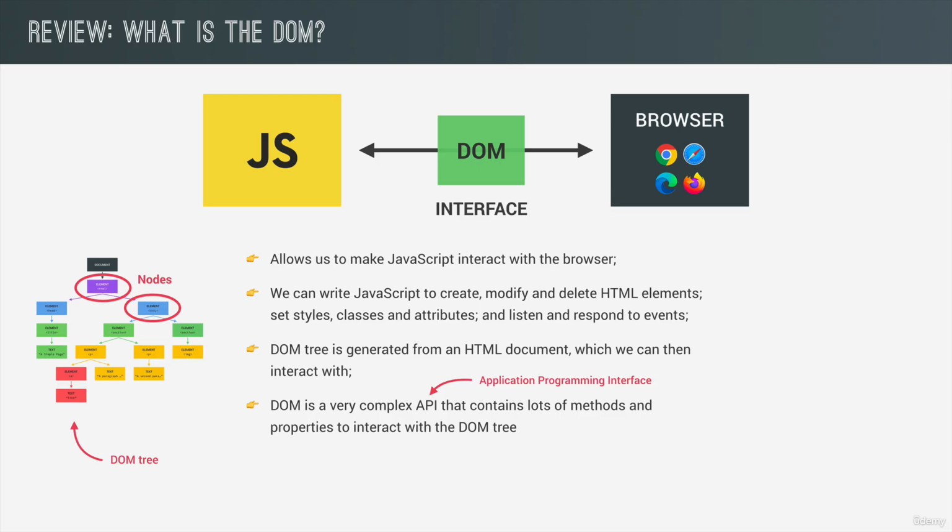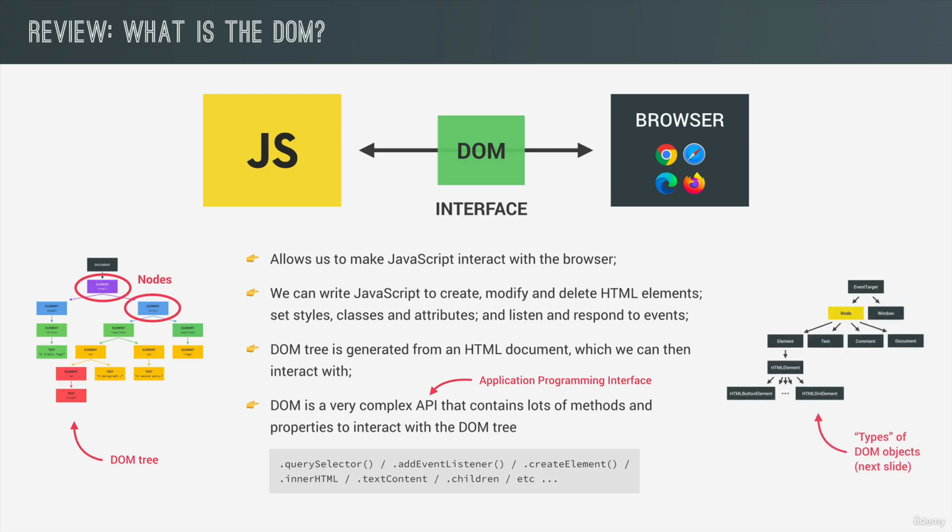In practice, that means that the DOM contains a ton of methods and properties that we use to interact with the DOM tree, such as the query selector, add event listener, or create element methods, or also the inner HTML, text content, or children properties, and many, many more. Now, in the DOM, there are different types of nodes, just as I mentioned before.